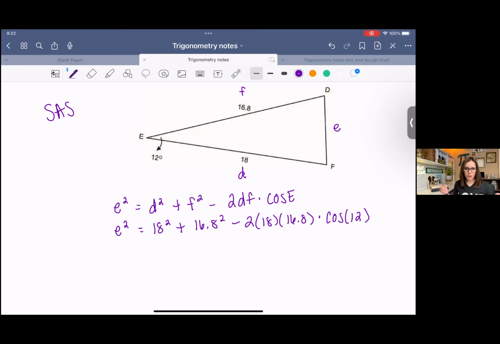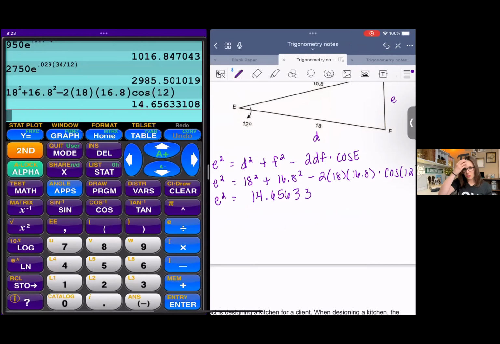We're just squaring a couple numbers, multiplying a couple numbers, very easy. So we can type this right side in the calculator, make sure it's in degree mode because we're talking about degrees, and go ahead and do that and write down what you get. So when I plugged that in, I got about 14.65633. I went a lot of decimal places because I don't want to have rounding error.